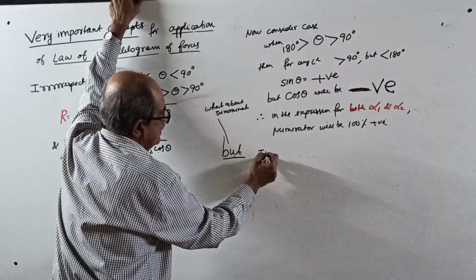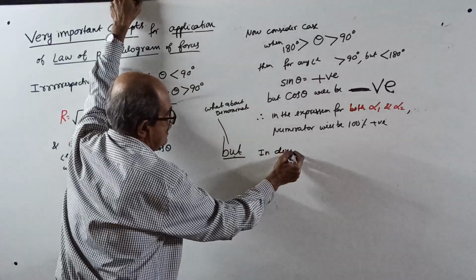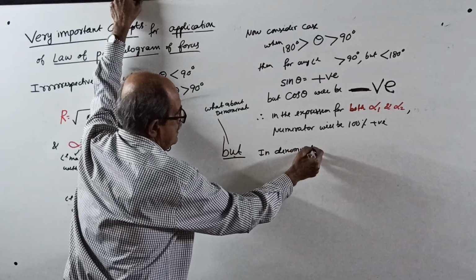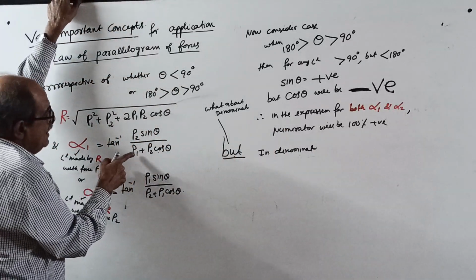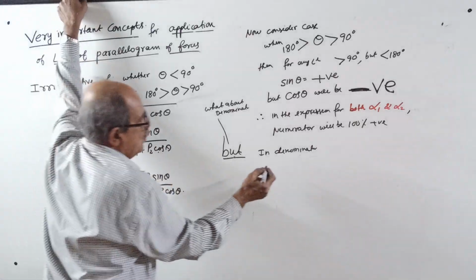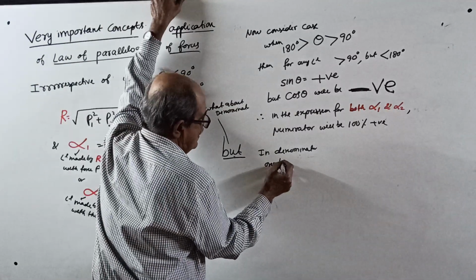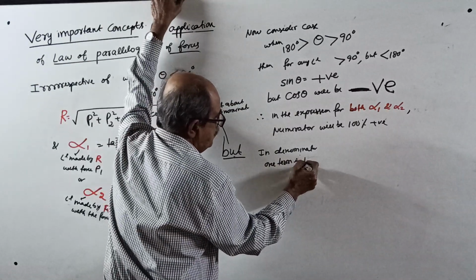In the denominator, one force term is there, and one force into cos is there. One term is purely force.